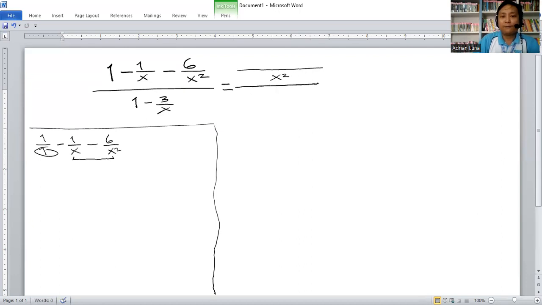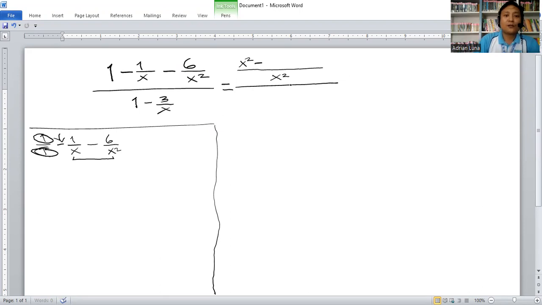All right, and this would be our main fraction bar. So x squared divided by 1 is equivalent to x squared times 1. So we have x squared minus, why minus? Because it is a minus sign.